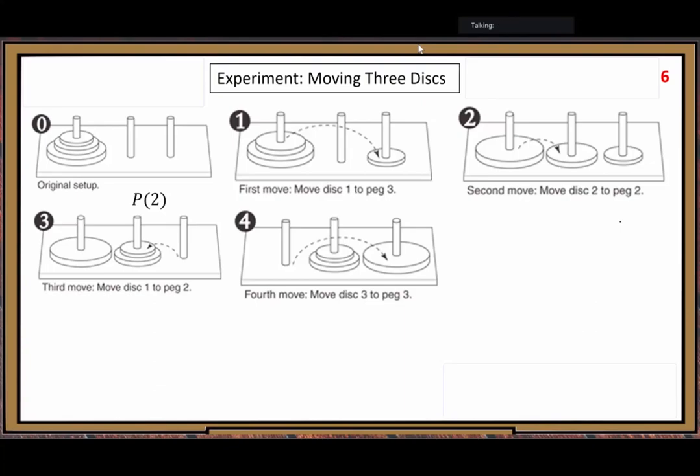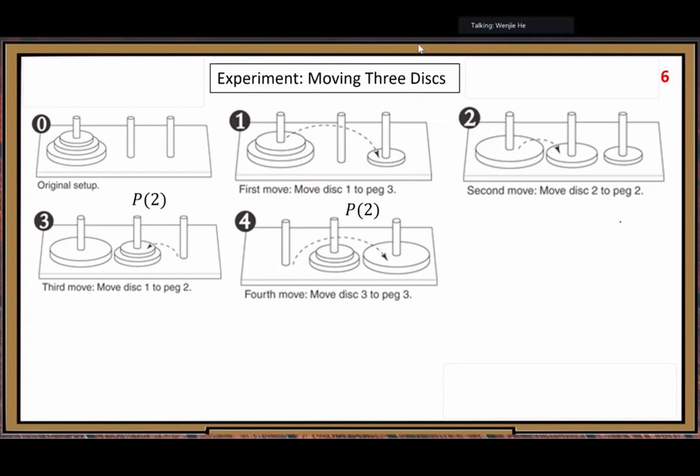So here you can see the remaining work: you only need to apply the size 2 solution another time, although the starting peg and the ending peg could be different. But the pattern of moves should be the same, right? So after that, you can see you need to apply the size 2 solution the second time. The first time and the second time.